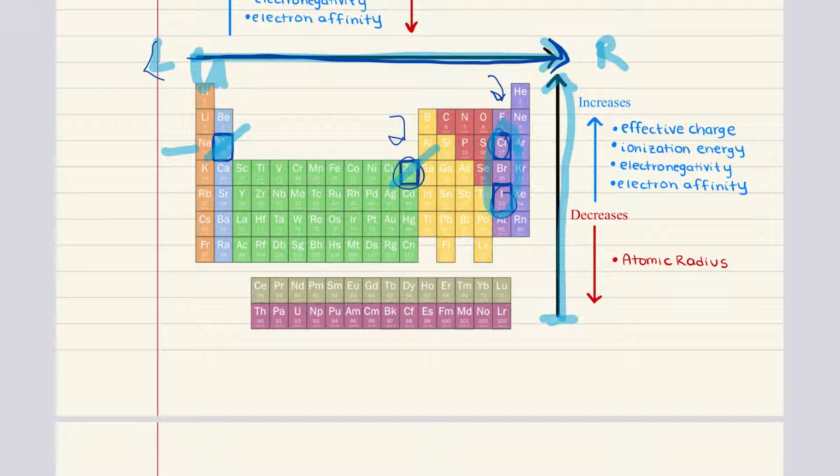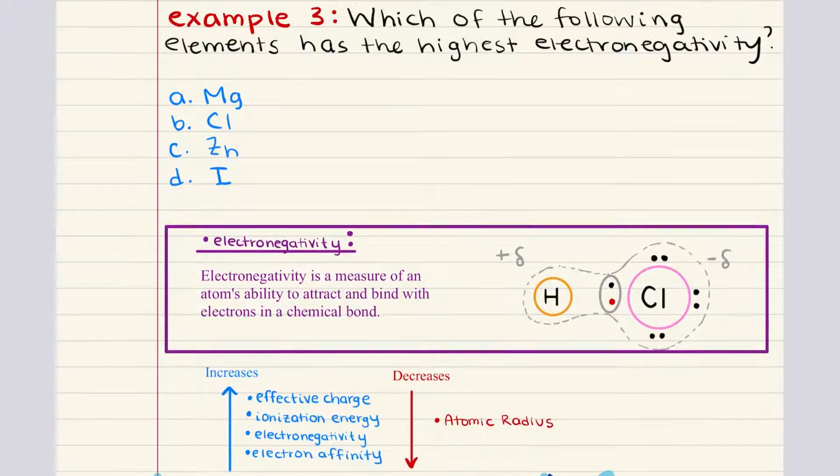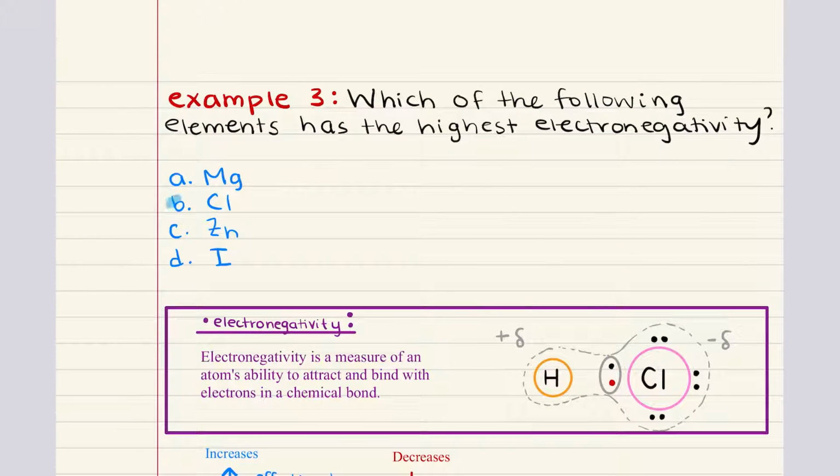Now, they're both further right. They're in the same group. So now we have to fall back on our second trend for electronegativity, the one that tells us that going from bottom to top increases electronegativity, which means that chlorine stands out as the most electronegative. And so the correct answer here for 3 is going to be B.